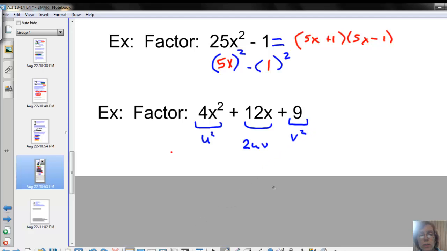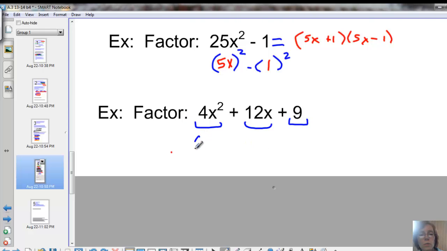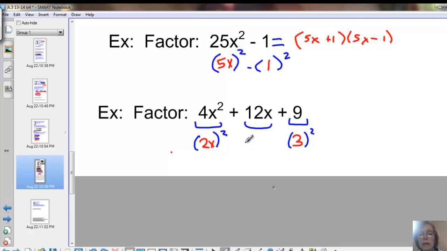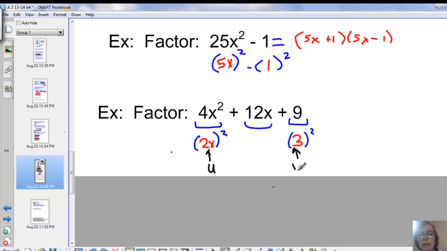So first of all, let's figure out what is u and what would be v for this. So for this one, we have to say, what would we need to square in order to get 4x squared? And the answer to that is 2x. And then second, what would we need to square in order to get 9? And the answer to that is 3. All right. And then that means that the 2x is the u and 3 is v.